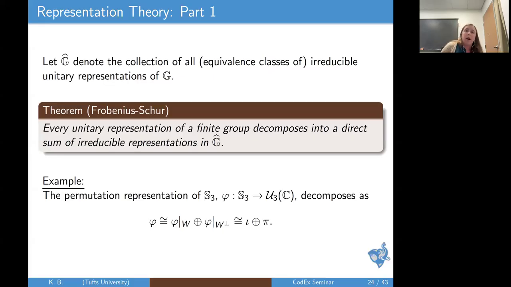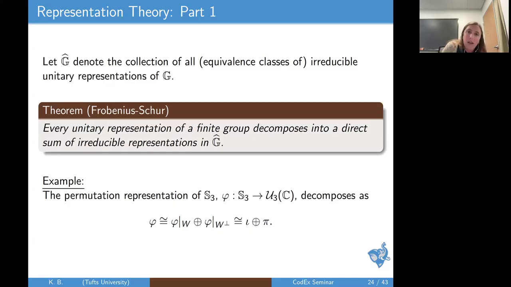But then there's a way that you can take a general representation of a finite group and turn it into a unitary representation, and you can do that for all representations of finite groups. So this equivalence relation comes from the fact that we can make representations unitary or not. So this G hat, just think about these as all of the irreducibles, all of the fundamental components of the group representations.